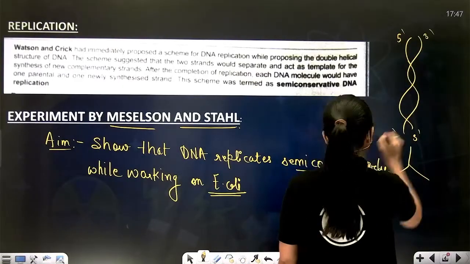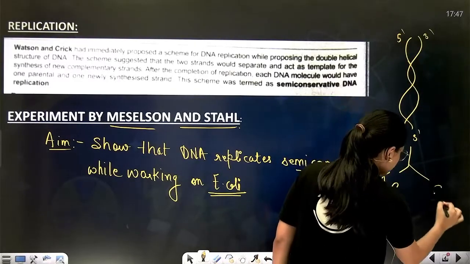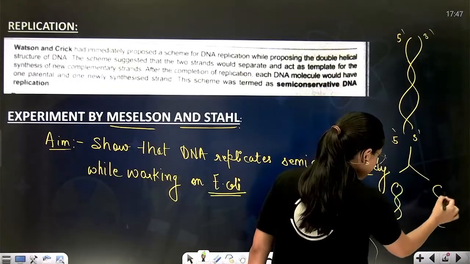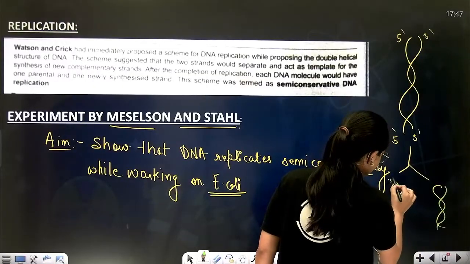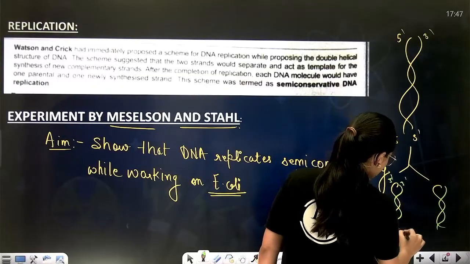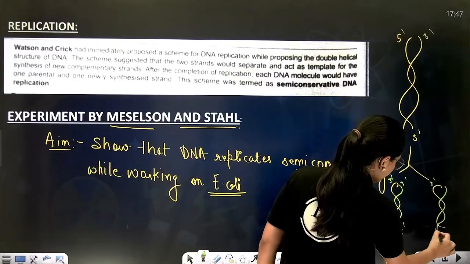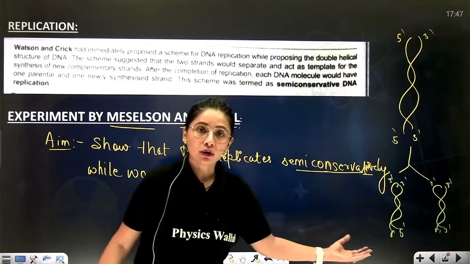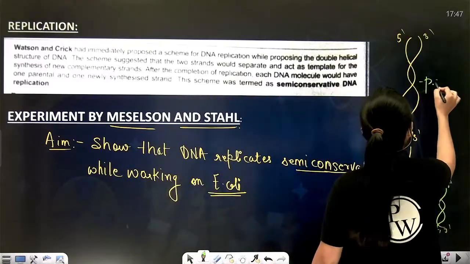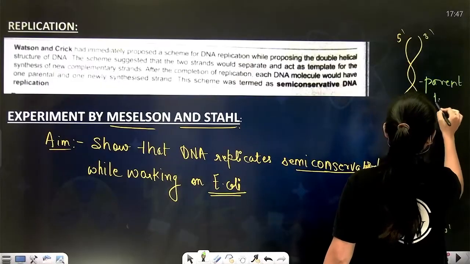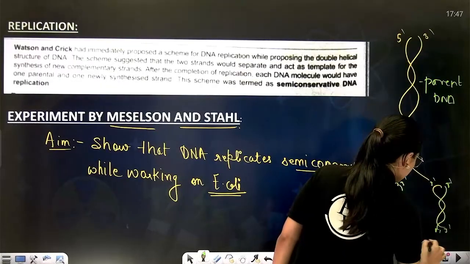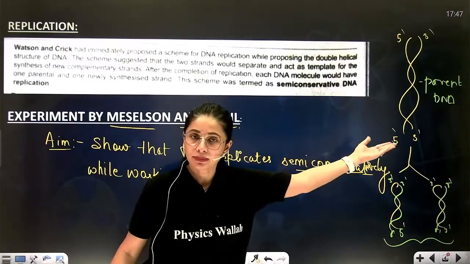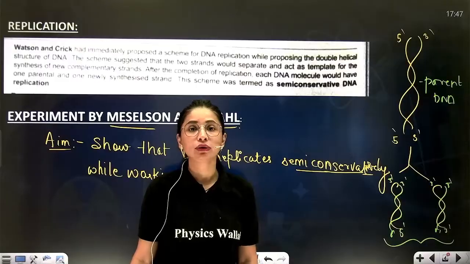So now suppose these are the two parental strands. Both the parental strands will unwind, and on them new daughter strands will be synthesized in an anti-parallel manner following the rules of complementary base pairing. So now this is the parent DNA. From the parent DNA, after replication, you obtain two daughter DNA, and in each daughter DNA, 50% is from the parent and 50% is newly synthesized.